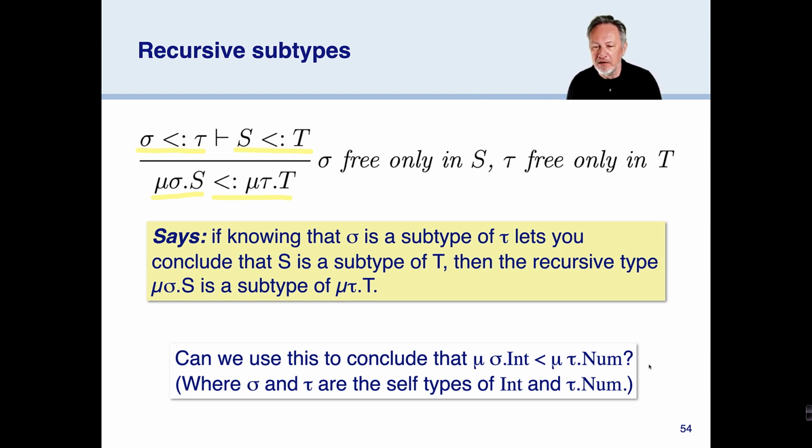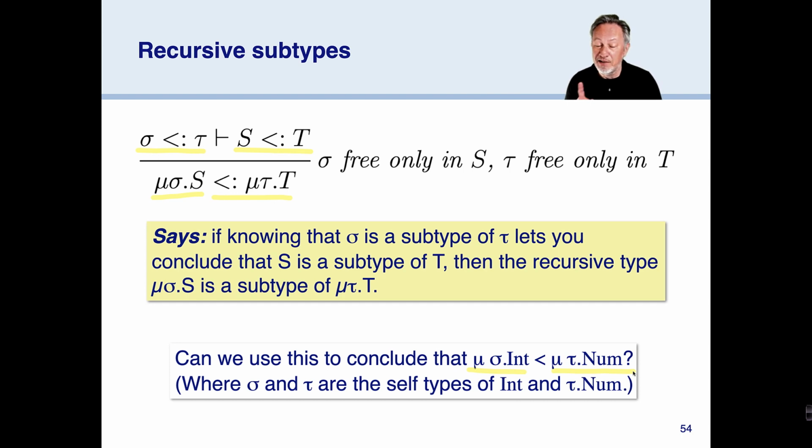Think back of the number types that we had in Haskell. Remember, integer is kind of a refinement of number. So number was kind of a generic type, and integer was a kind of number, and so on. So here, the question would be, would this allow you to conclude that integer is a subtype of number?